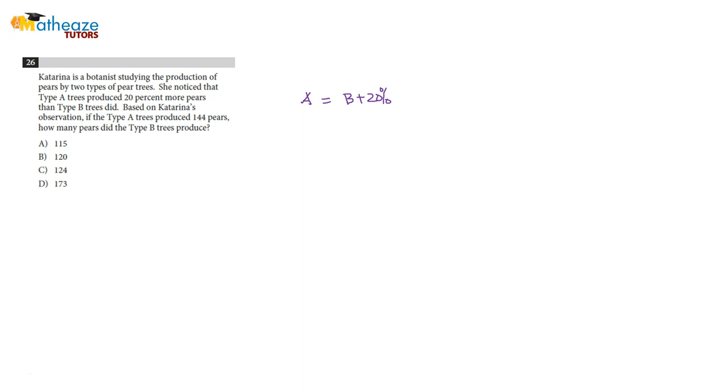Okay, so type A is going to be 120% of type B. So A is 1.2 B. Now we're told that type A produced 144 pears.